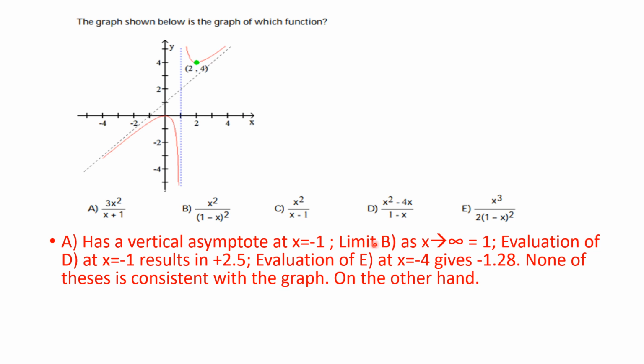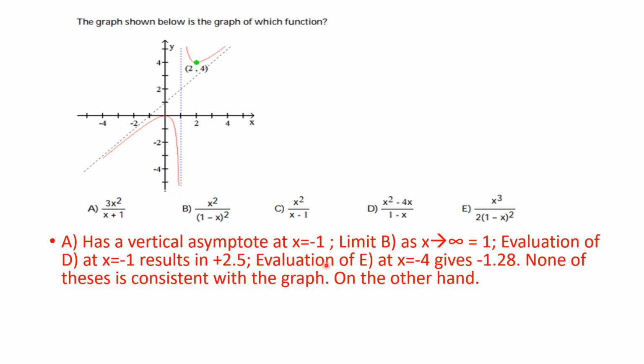Limit of B as x goes to infinity equal to 1. That's not consistent with the figure or the graph, so B is disqualified. Evaluation of D at x equals negative 1 results in the function equal to plus 2.5, which is not consistent with this function also.